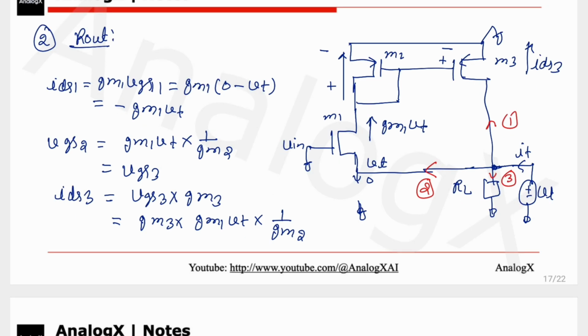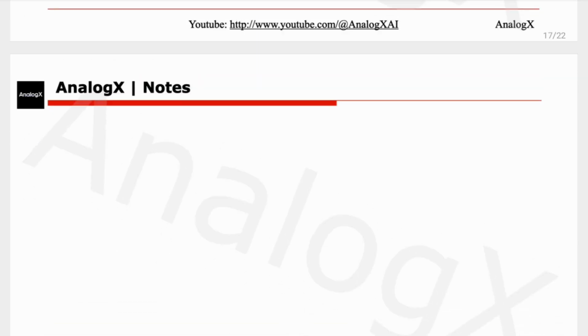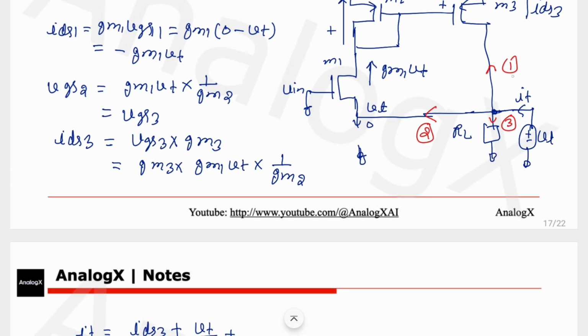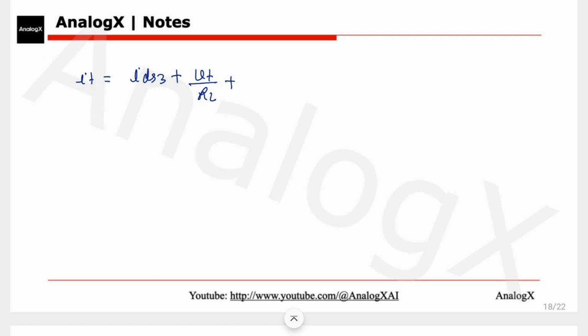So what will be the total IT? Total IT will be IDS3 plus Vt by RL, and this one gm1 Vt.